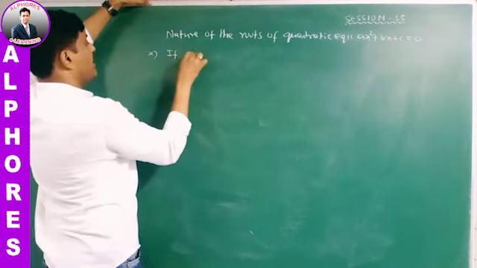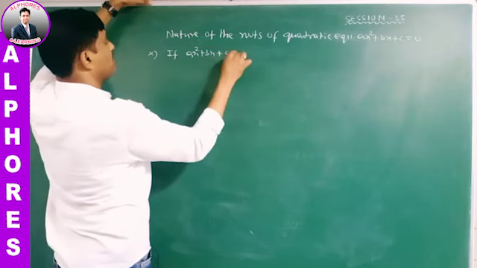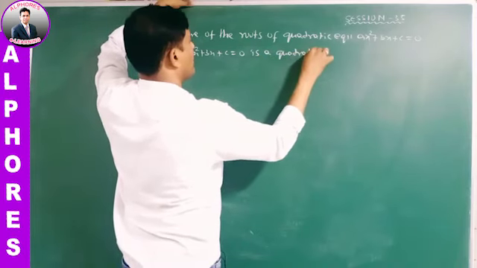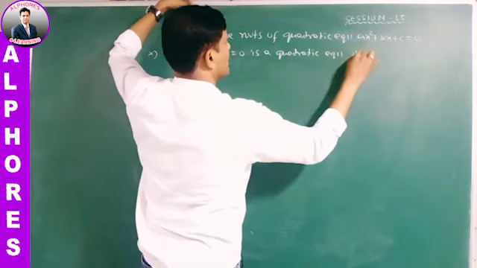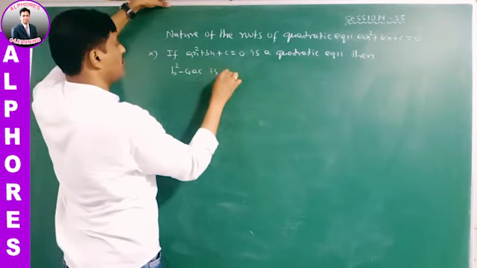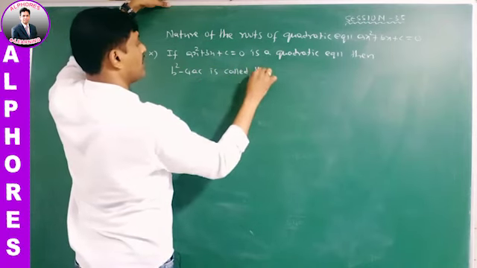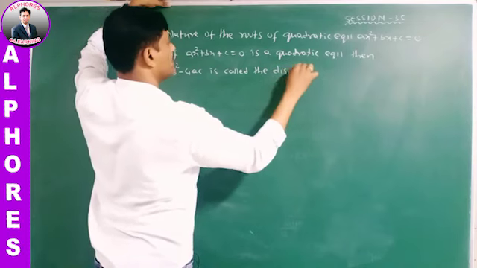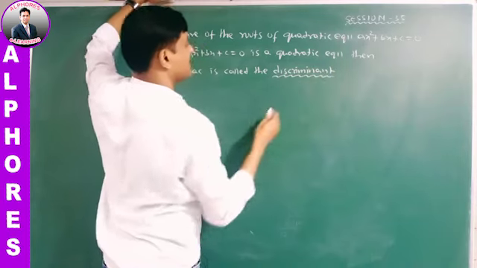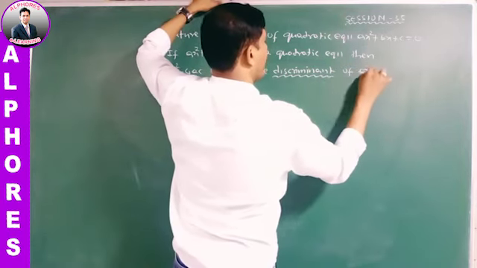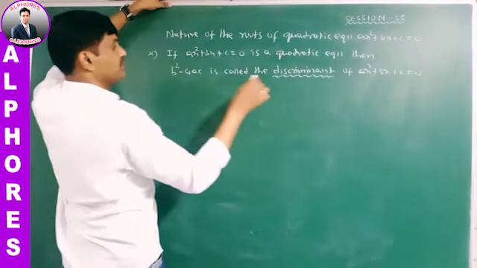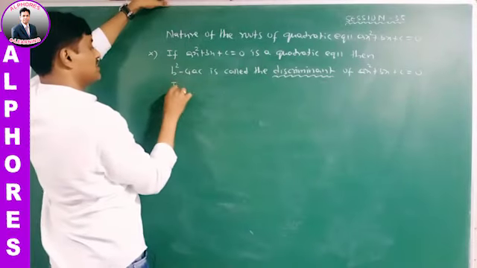If ax square plus bx plus c is equal to 0 is a quadratic equation, then b square minus 4ac is called the discriminant of ax square plus bx plus c is equal to 0.